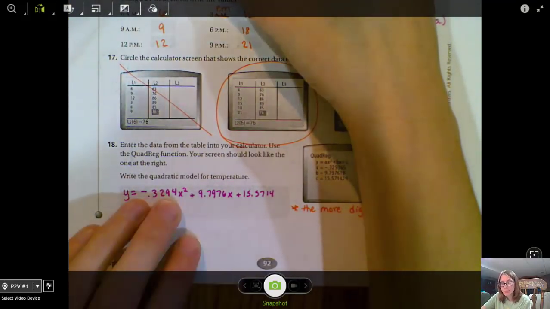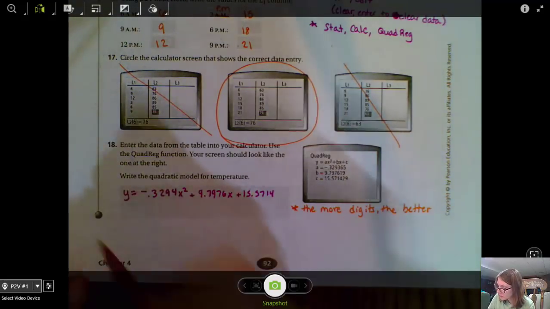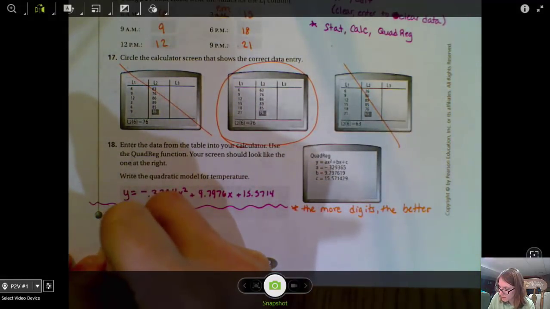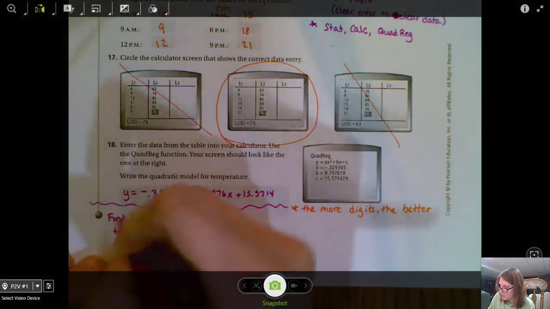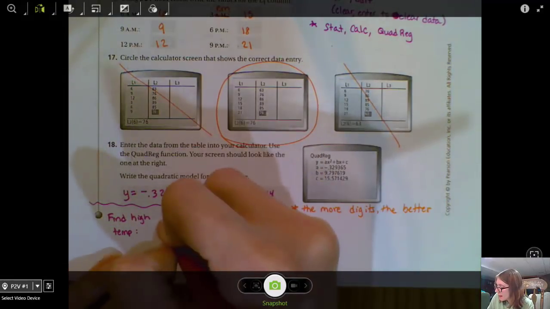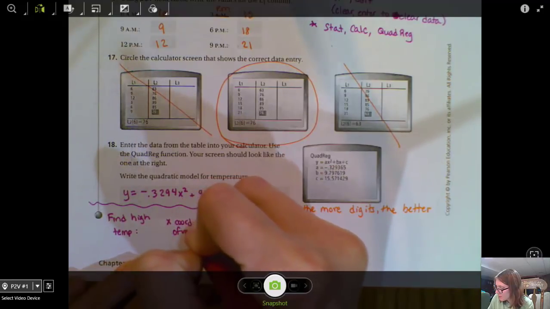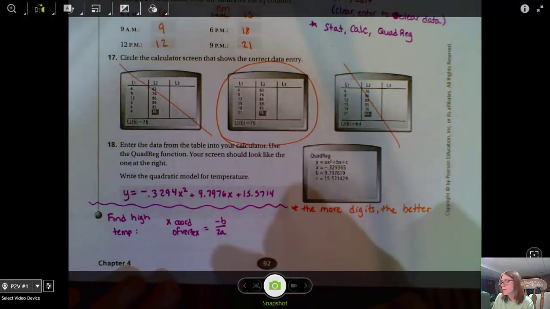If I'm trying to find my high temperature, based off my equation, what do I have to find? The highest is my clue that we need to find our vertex. So right down here, I'm going to find the high temperature. Keep in mind, in standard form, the x-coordinate of our vertex is negative b over 2a.